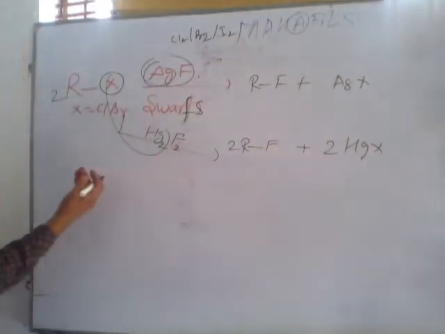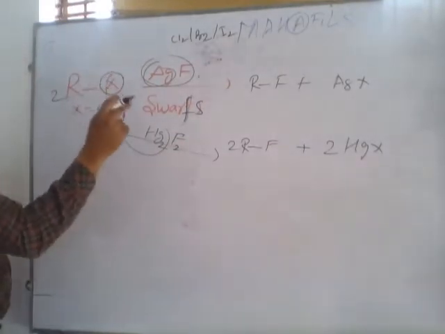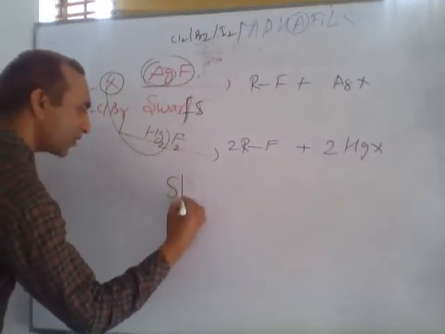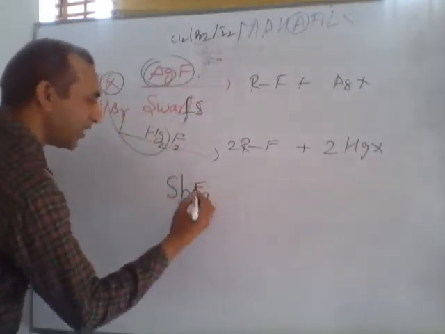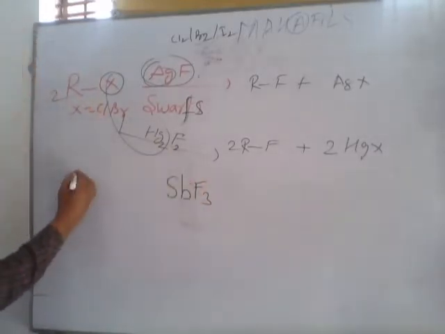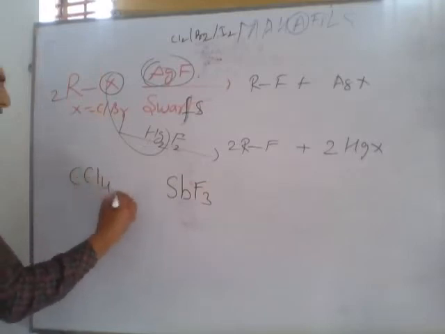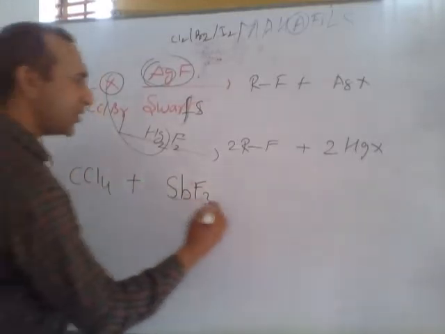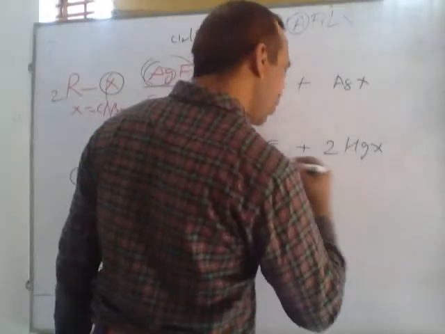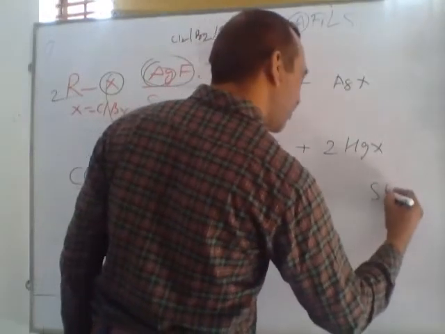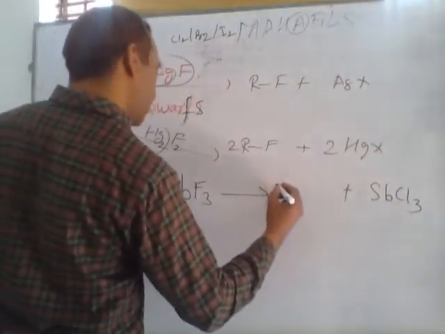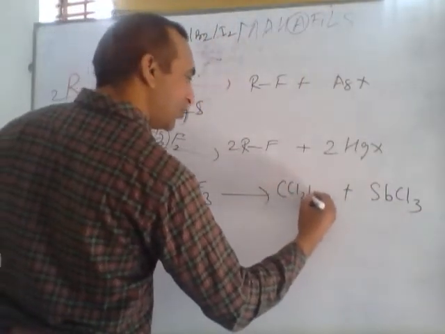If we want to replace more than one halogen by fluorine, we use a new compound, SbF3, antimony trifluoride. Suppose antimony fluoride reacts with CCl4, carbon tetrachloride. This antimony fluoride replaces two chlorines and forms SbCl3 and CCl2F2.